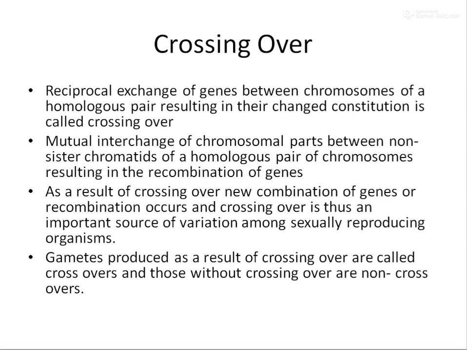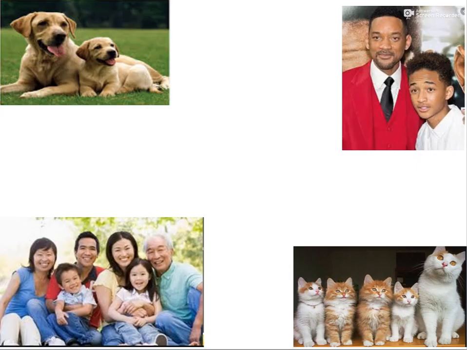As a result of crossing over, new combinations of genes, or recombination, will occur, and crossing over is an important source of variation among sexually reproducing organisms. The gametes formed as a result of crossing over are called crossovers, and those without crossing over are referred to as non-crossovers.